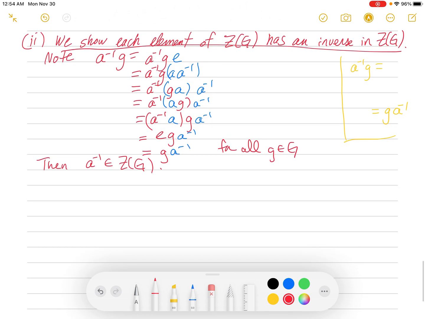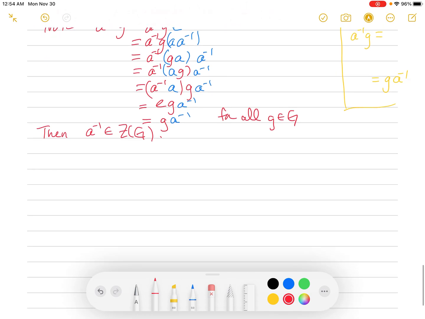So we've proven closure under the operation. We've proven inverses are in the center.